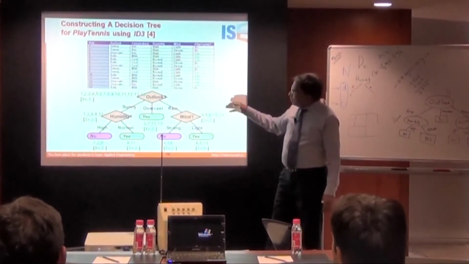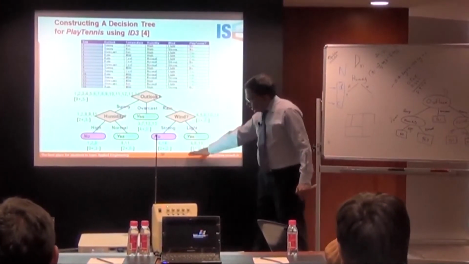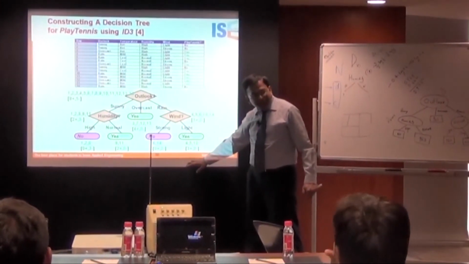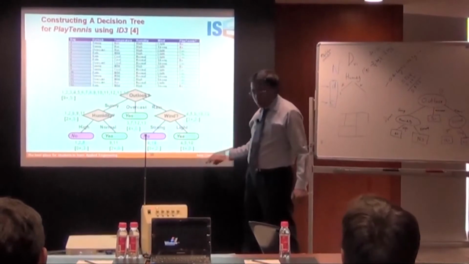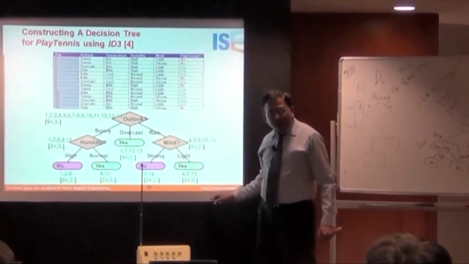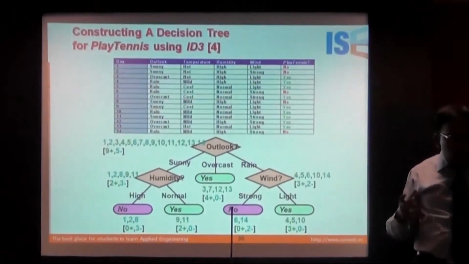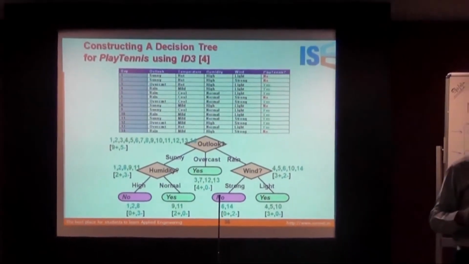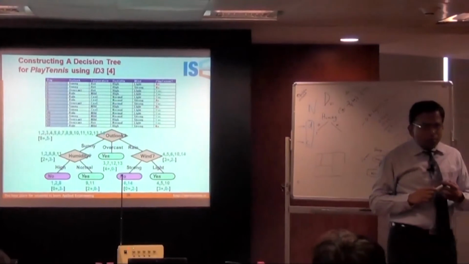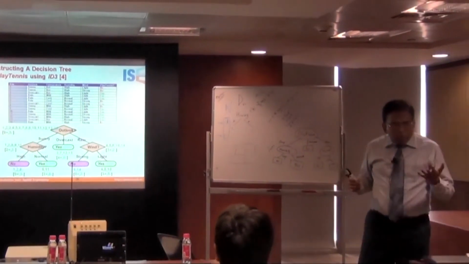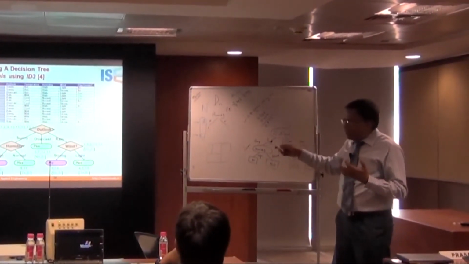So if I had a few more examples where I didn't know whether to play tennis or not, would I have been able to use this tree for those unseen examples or not? We would be able to.